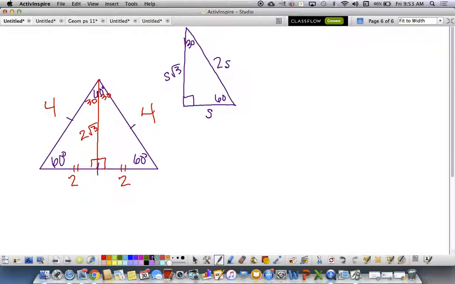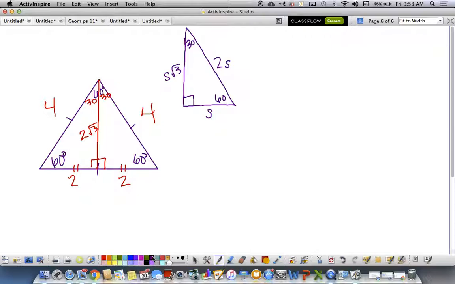I remember it's square root of 3 because it's 30, and then a 60, and then a 90. 3, 6, 9 are all divisible by 3. So my square root will always be a square root of 3.